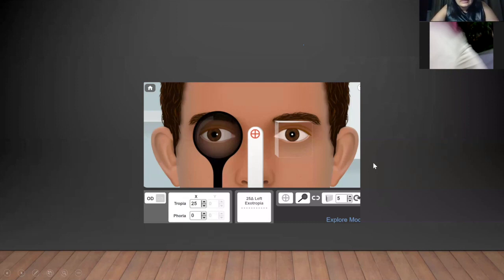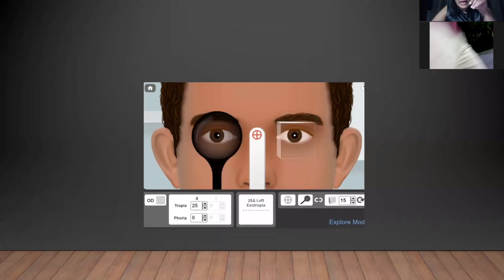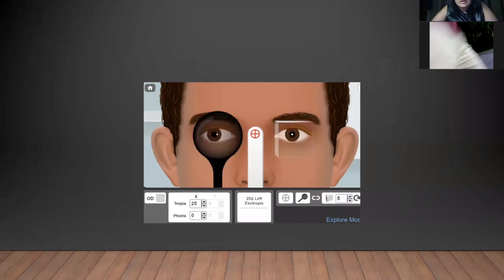This is showing us, say, a patient who has 25 prism diopters of exotropia, and you use the prism with base in direction, and then you go on increasing it. So we look down. This is 5 prism diopters and I cover. I'm seeing movement.